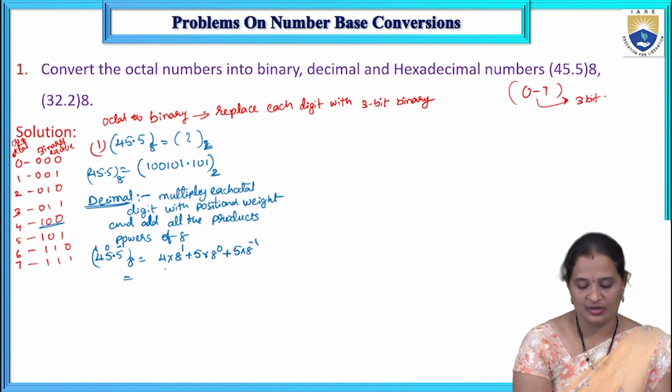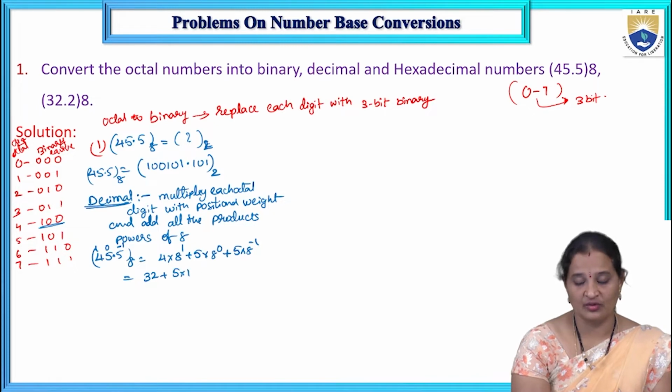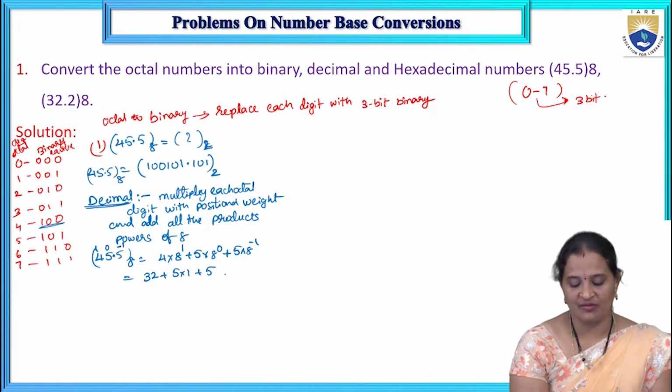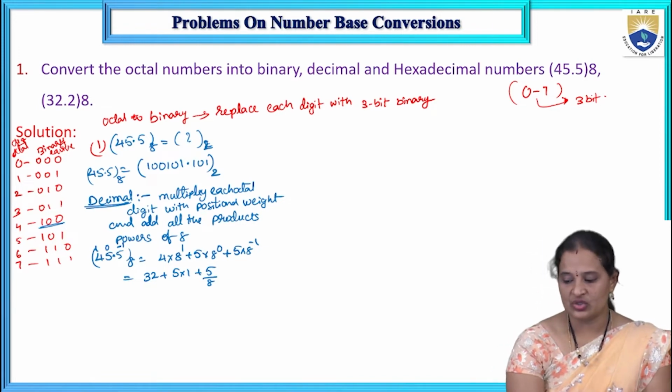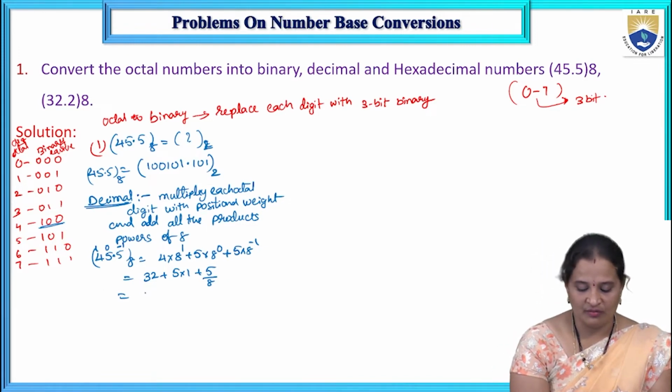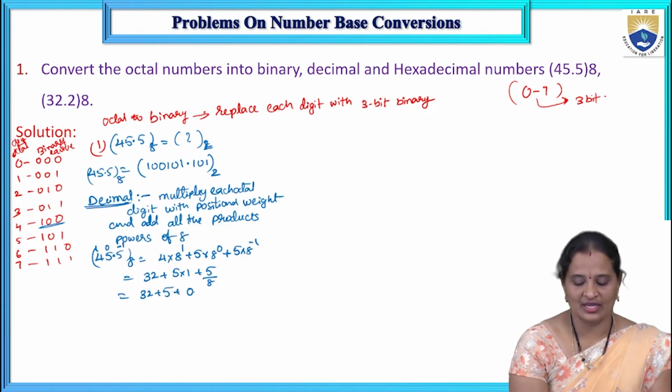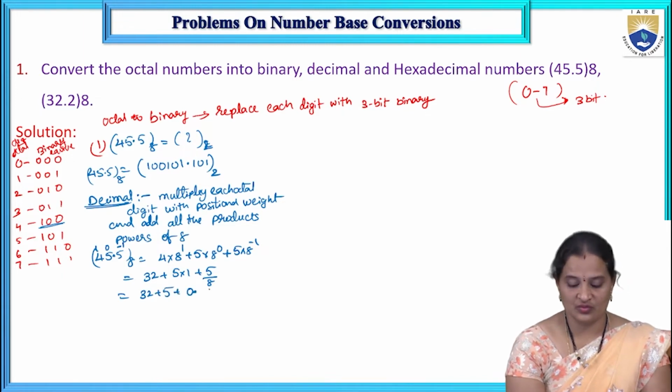So 4 into 8 is 32, plus 5 into 1, which is 5, plus 5 divided by 8, which evaluates to 0.625.